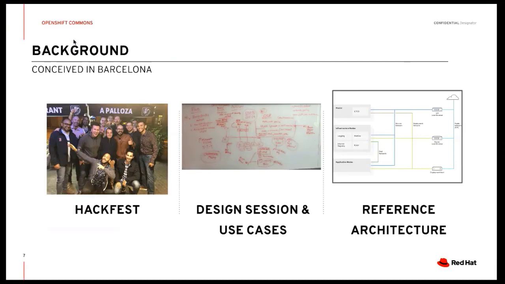Now, the reference architecture itself, it's just kind of interesting how we developed it. Last year, we had a Hackfest, which is kind of a Red Hat internal event where we brought together engineers from both the OpenShift and OpenStack engineering teams, as well as field experts on OpenShift and OpenStack, and we put them in a room for a week. And we whiteboarded, executed use cases, talked about how customers are actually using these things together in the field.